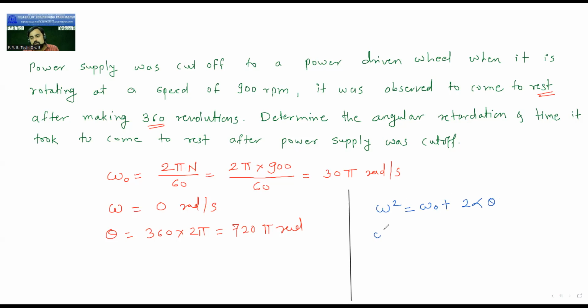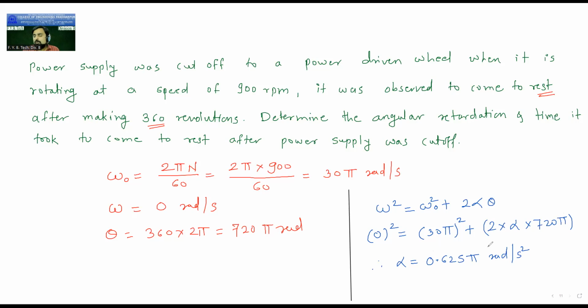So 0 square is equal to omega naught, which is 30 pi, square, plus 2 into alpha, which we need to calculate, into theta. Theta is 720 pi. So therefore alpha is equal to 0.625 pi radian per second square. This is the value of alpha.